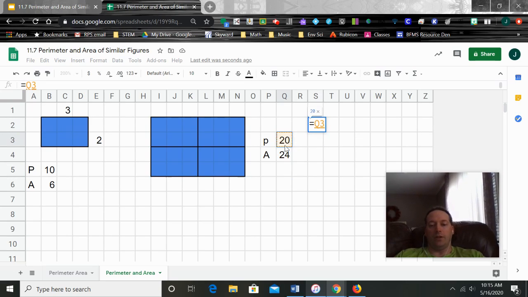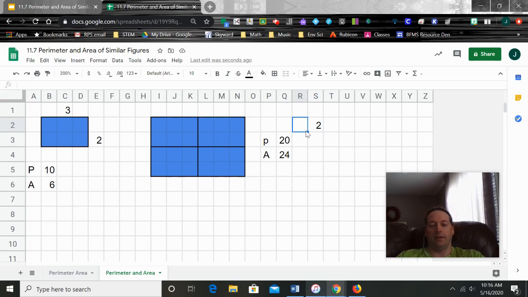Okay. So we doubled it, or we had a scale factor of 2. And if you notice, the ratio of the perimeters is 2. We had a scale factor of 2. So what's the ratio of the area?